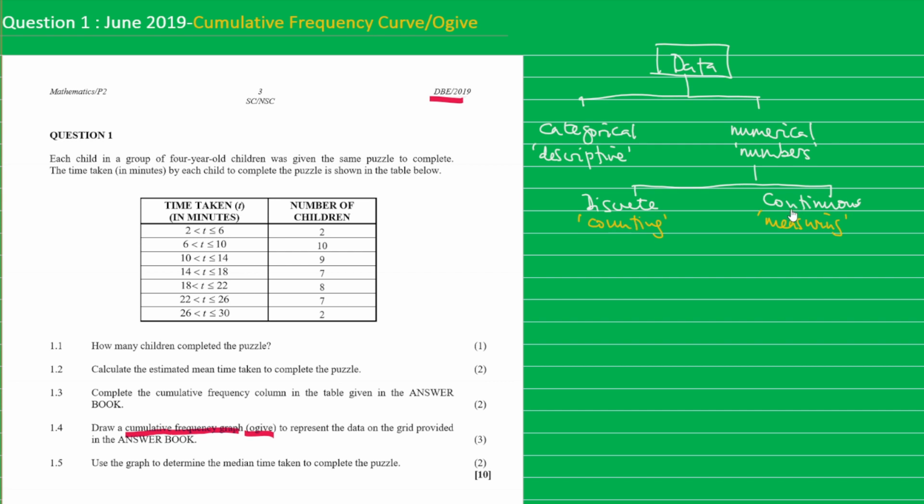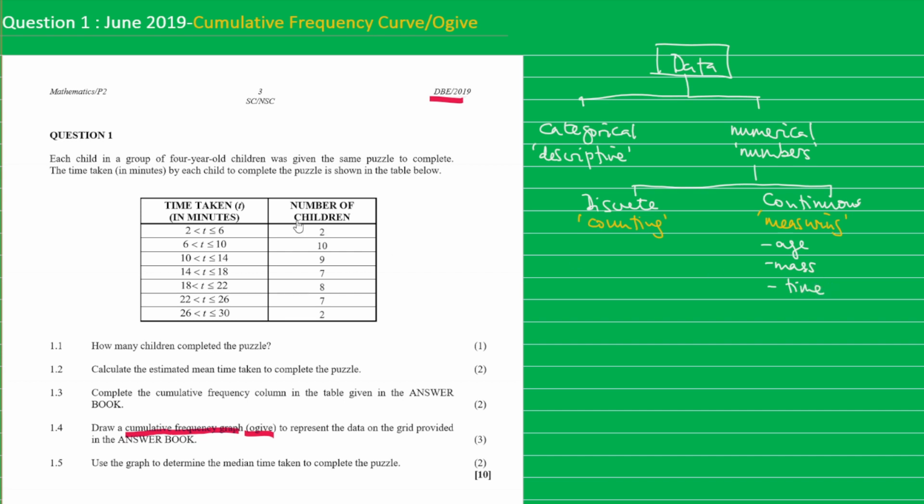And then some data is numerical, but it is continuous. Continuous is data that we get when we are measuring. For example, age, where we measure how old something is. We can have mass, how heavy something is, and we have time.